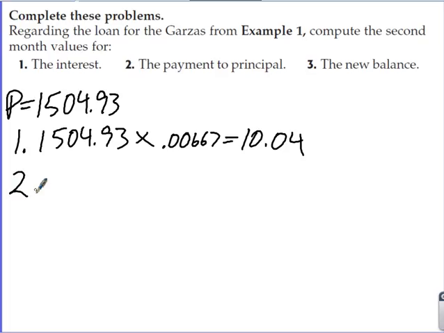Number 2, they want us to find the payment to principal. Okay, my monthly payment from the table in your book was 307.08. So 307.08 minus 10.04. That is 297.04.